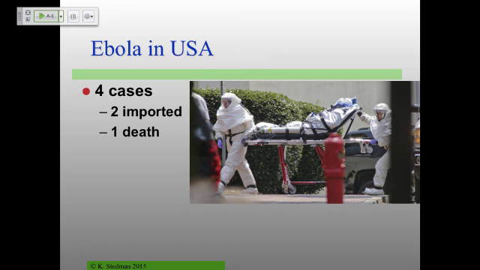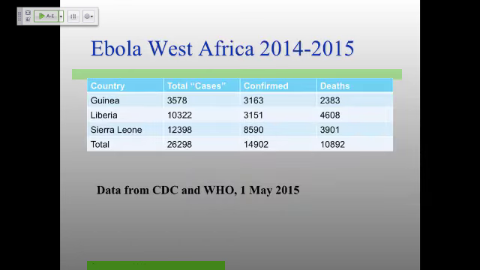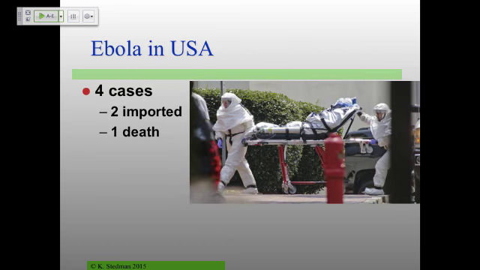But that's nowhere near as important as Ebola in the US, right? So 11,000 deaths, 1 in the US. And that 1 was misdiagnosed. He came into the hospital in Texas, was sick, got sent home, got really, really sick, came back, and infected 2 other people because they probably didn't have the appropriate precautions.